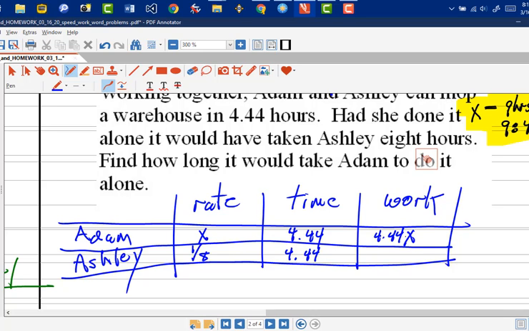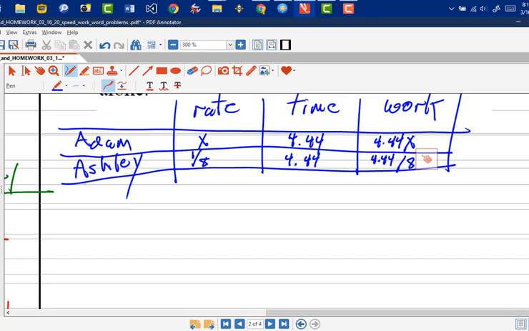So this problem is exactly like the first one we did. Okay, so his work in the 4.44 hours is going to be x times 4.44. And then Ashley's is going to be 4.44 divided by 8, because that's what 1/8 times 4.44 is.